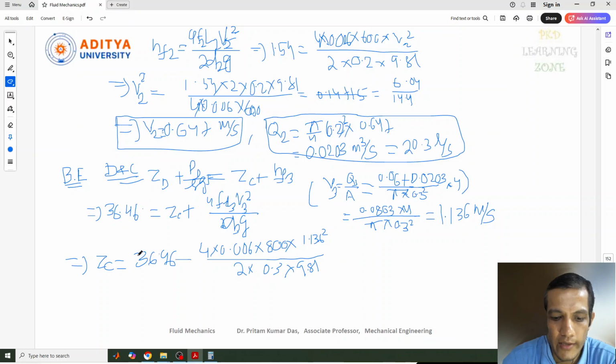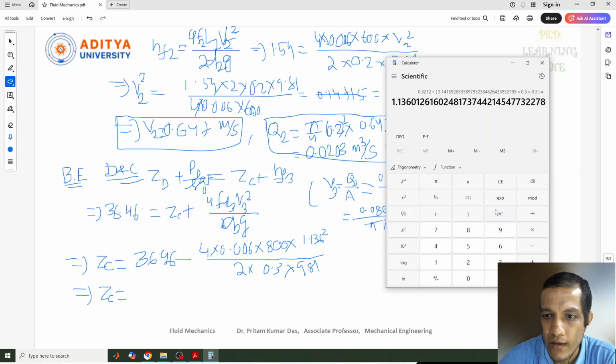Calculating this: 4 into 0.006 into 800 into 1.136 into 1.136 gives 24.77, divided by 2 into 0.3 into 9.81.